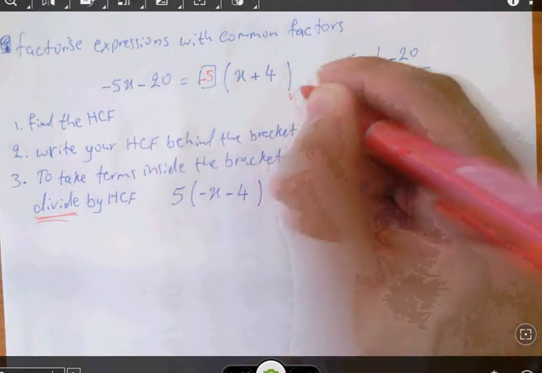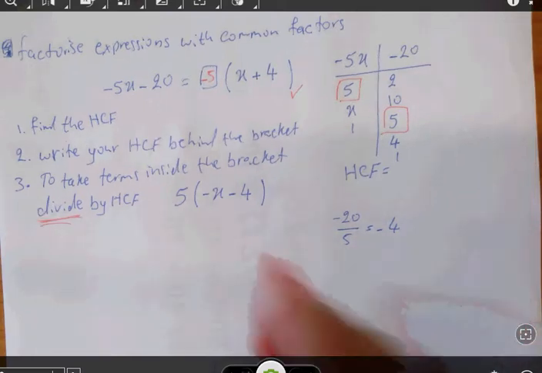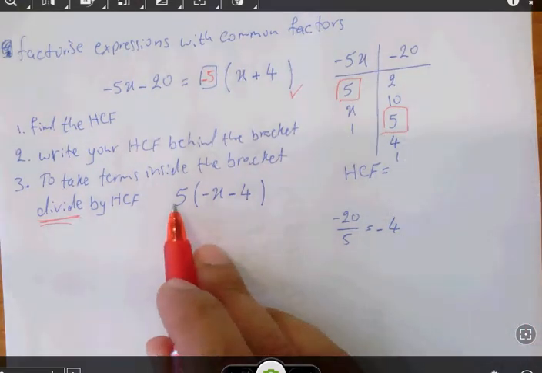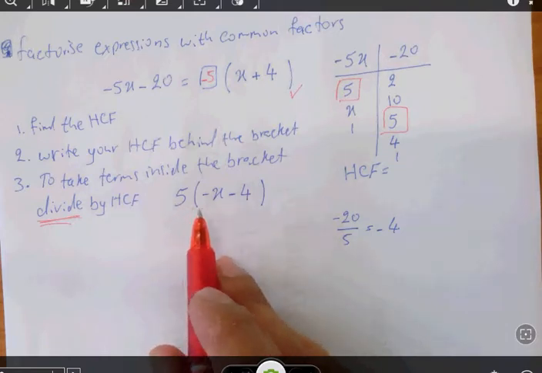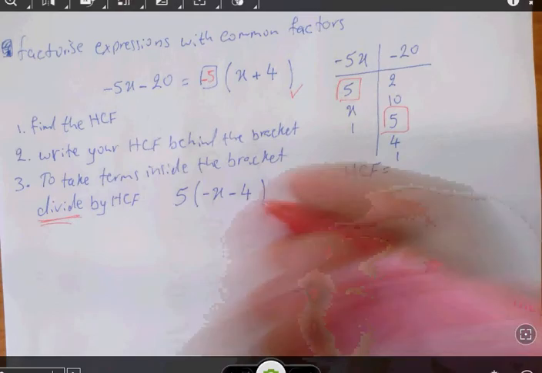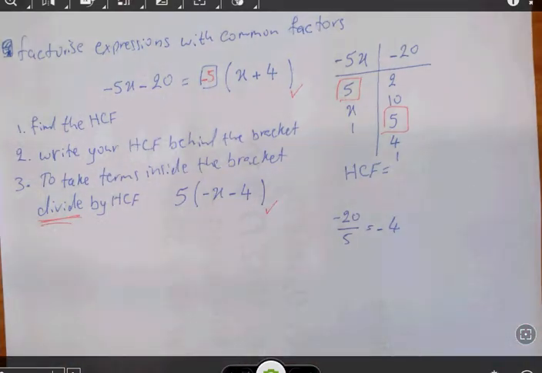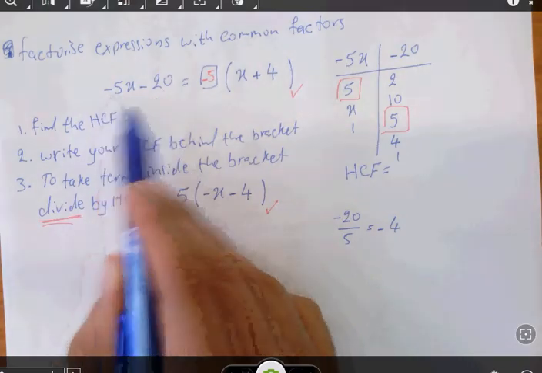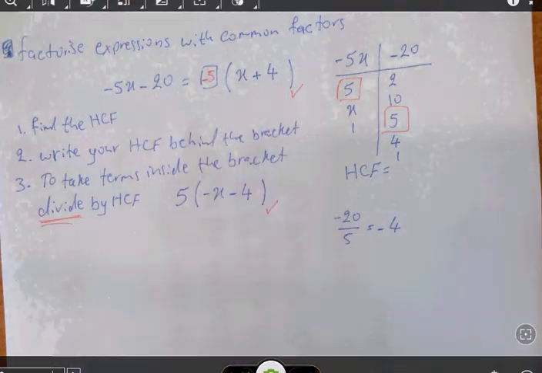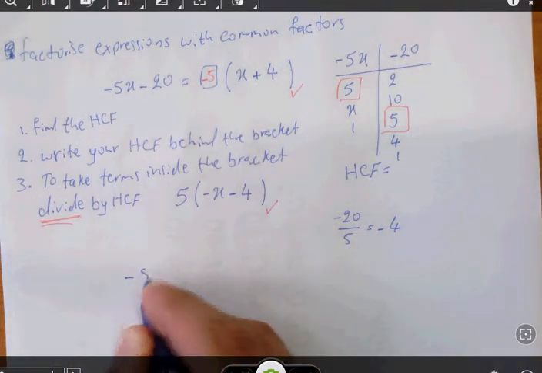But in this situation, I didn't take the factor of negative behind the bracket. I left it as a positive. This is again correct. The aim or our goal was to go from the expanded form into the factorized form, and we did.